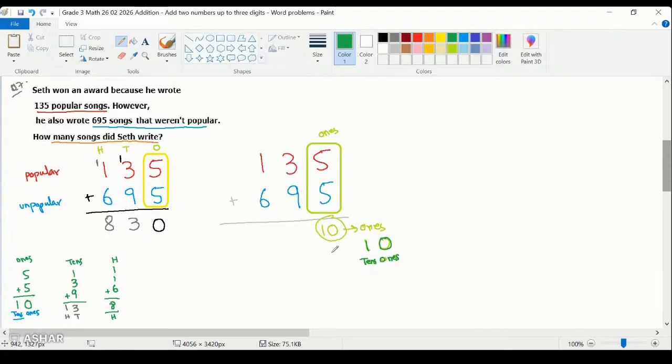That means we put a 0 under the ones and we take 1 to the tens. We carry, right?